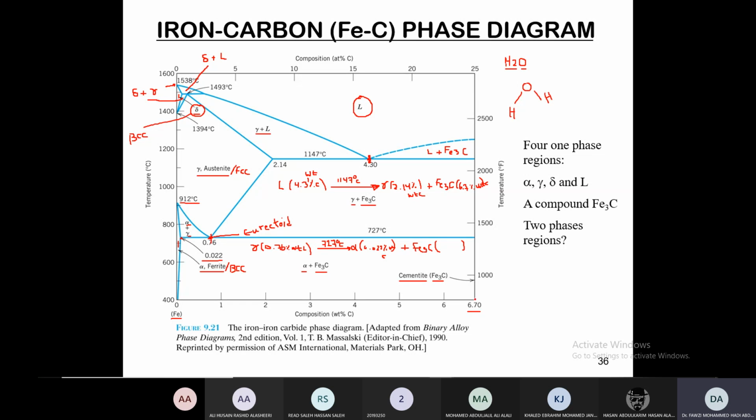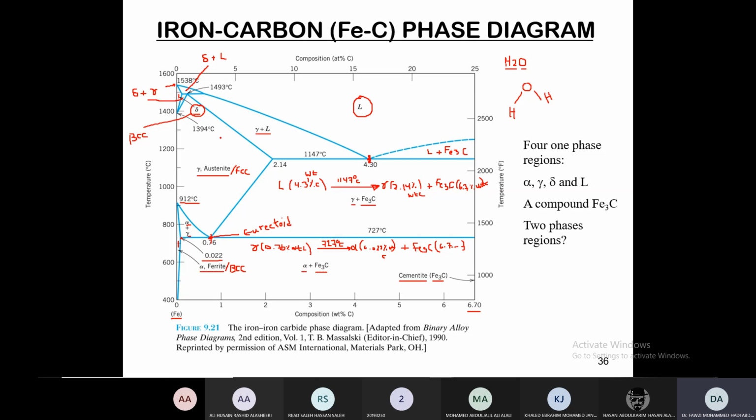And the cementite, I don't even need to read that. It forms only at 6.7% by weight carbon. Okay, I'm not going to continue that. That's the eutectoid transformation equation that can be represented in this one.